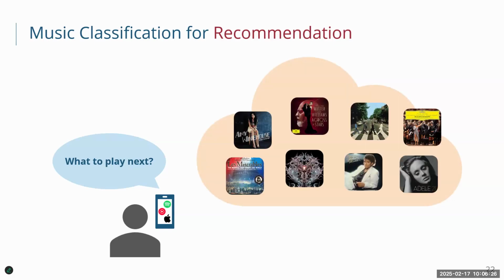So you have a bunch of songs. Likely you will have labels when you upload the song, or when companies buy copyrights from different artists, they will have some labels when they put it into their database. But think about a community-based forum, like SoundCloud or YouTube.